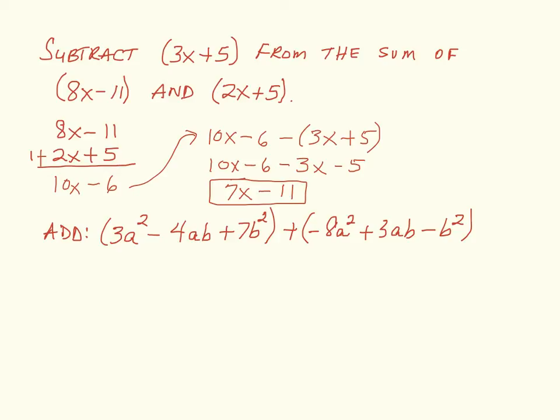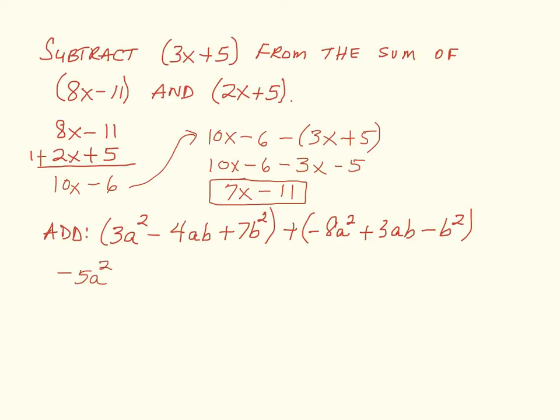Now let's add this next one. You do it before I do it, and then come back and check your steps. So we have 3a squared. I'm going to go ahead and combine them as I go. 3a squared minus 8a squared gives you negative 5a squared.